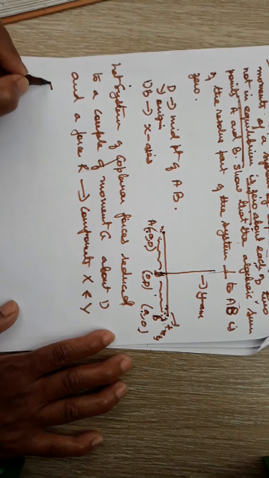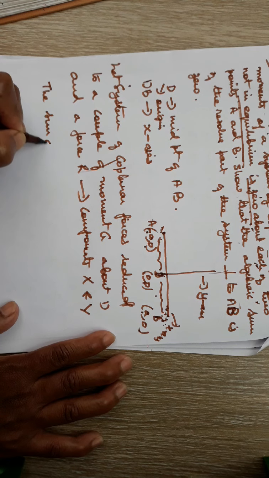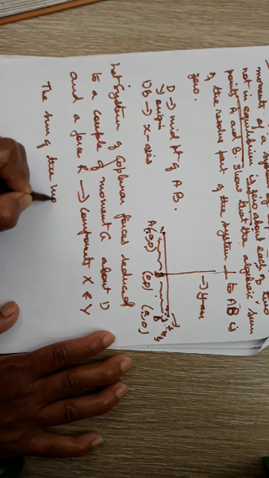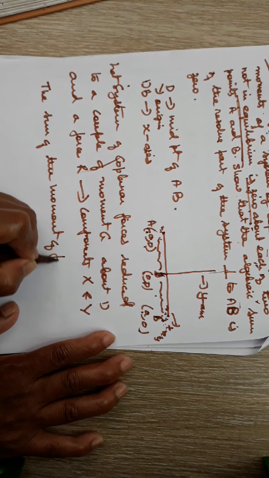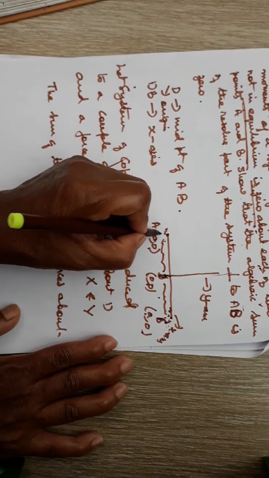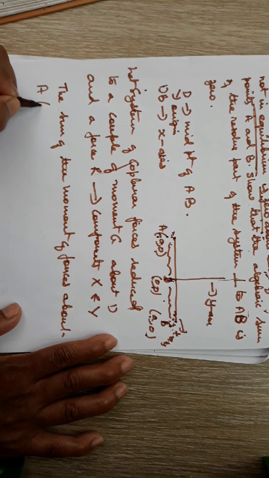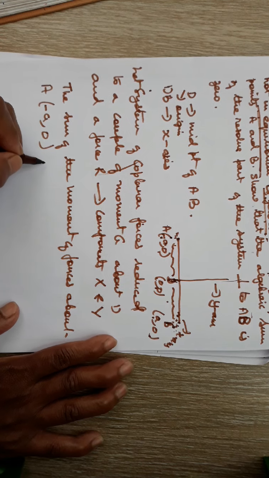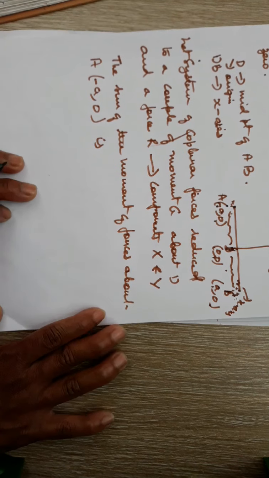So let us take the sum of the moments of the forces about first the point A, whose coordinates are (-a, 0). This is according to the formula from the analytical method.